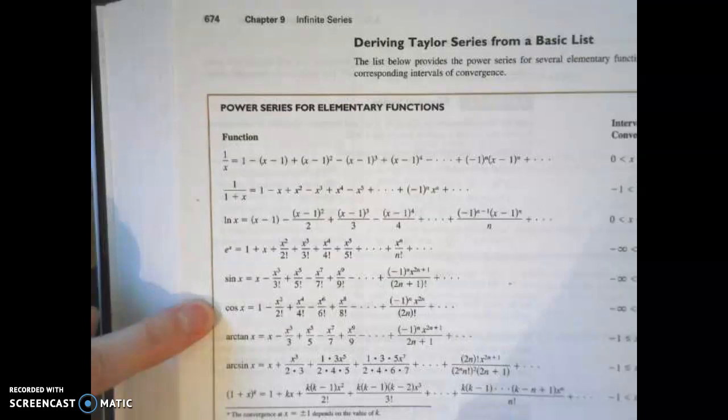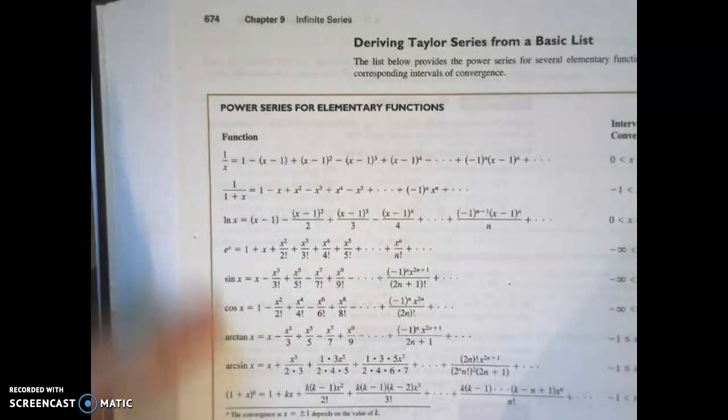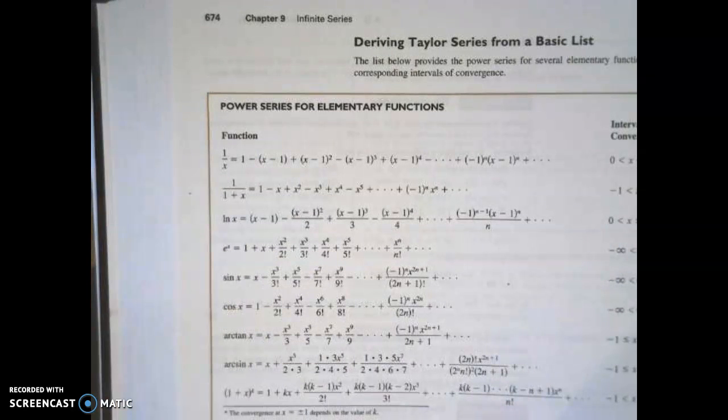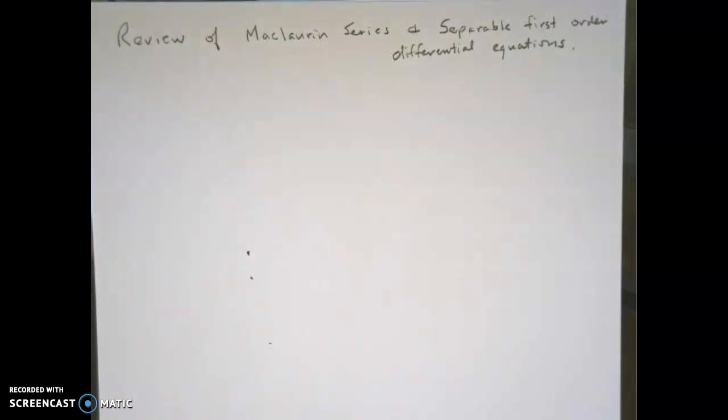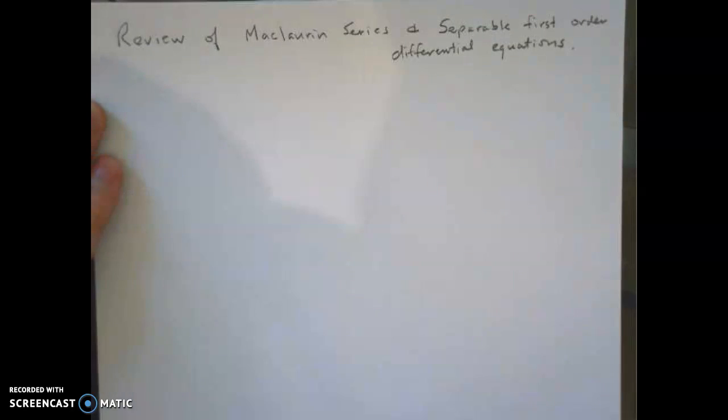And then some of the less common ones: 1 over 1 plus x, ln of x, arctan x, arcsine x, and so on. We're going to talk about how to generate these. What I'm giving you today is a review sheet to go over some of this stuff, and I want you to generate some Maclaurin series. I'm going to do one of them for you.